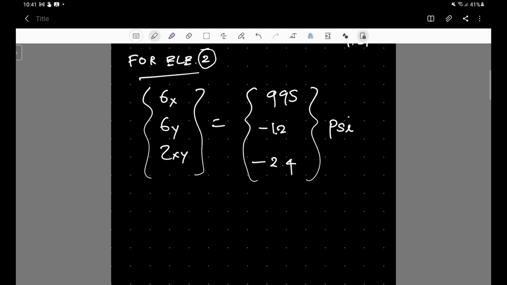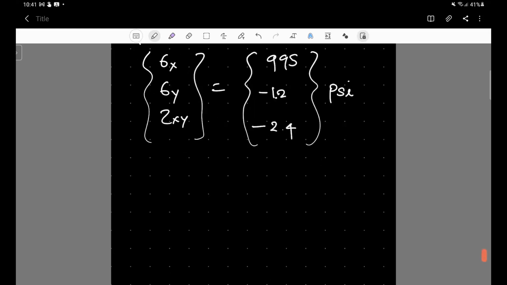Now, based on these stress values which you obtained, you can determine, of course, the principal stresses as well as the principal angles for the two elements. You can simply apply it for element number 1 and element number 2 using the equations, if you can recollect.